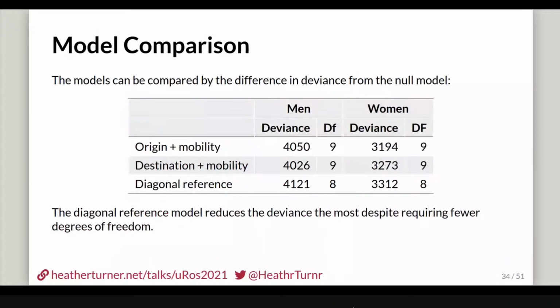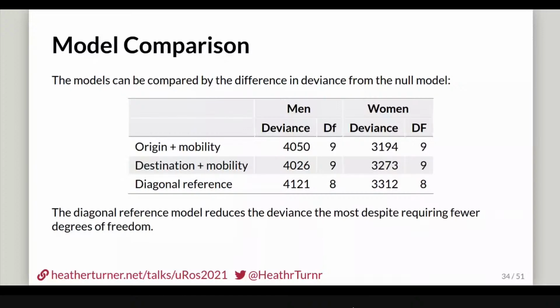So we can compare the diagonal reference models to the origin and destination plus mobility models that Bartley and Lewis estimated. What's in the table here is the difference in deviance from the null model. So we can see, for example, that the origin plus mobility model reduces the deviance by 4,050 with a difference of 9 degrees of freedom, and so on.